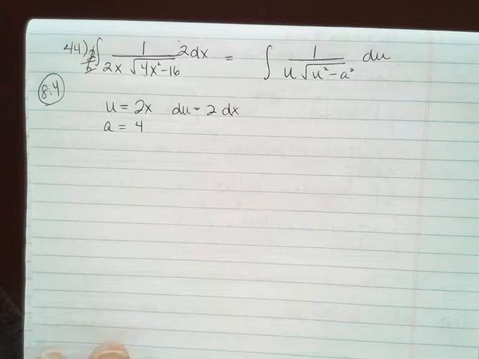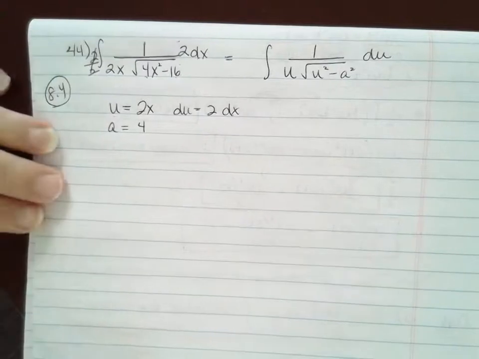Okay? Now I already told you that that is your arc secant formula. And I'm going to solve it that way, but I want to go back. I didn't technically use trig sub to do this. I need to go back and show you how to do trig sub.